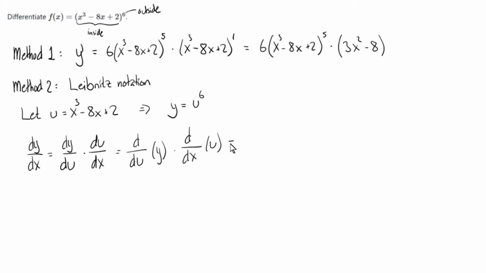Okay, so in the next step, we're going to substitute in u to the power of 6 for y, and for u, we're going to substitute in the inside function. So it's going to be the derivative of u to the power of 6, that's how y is defined, times the derivative of u, which is the inside function.